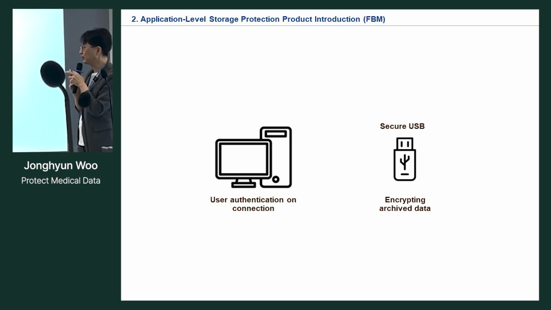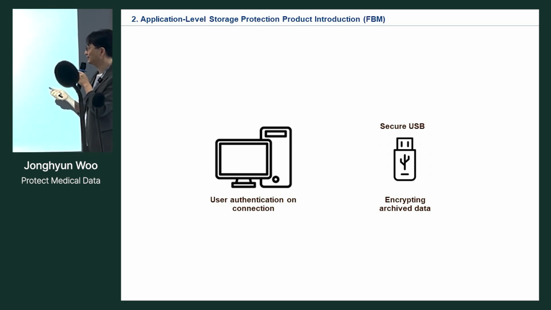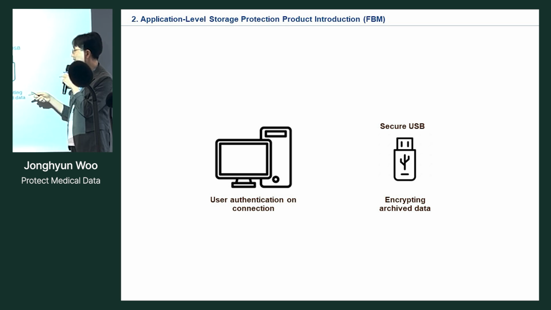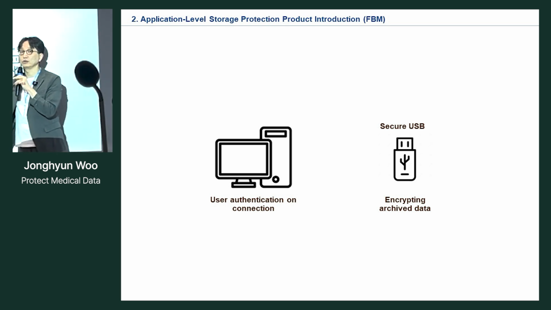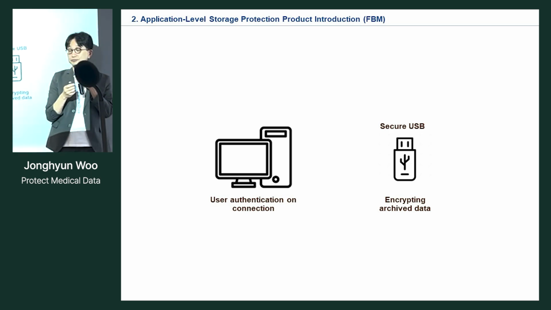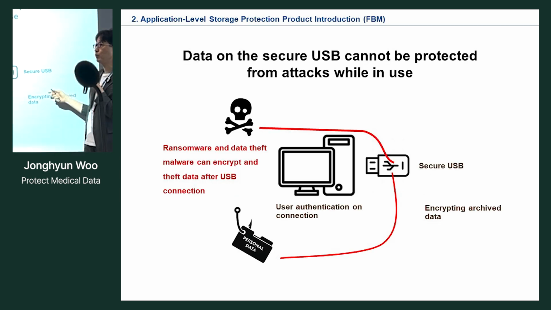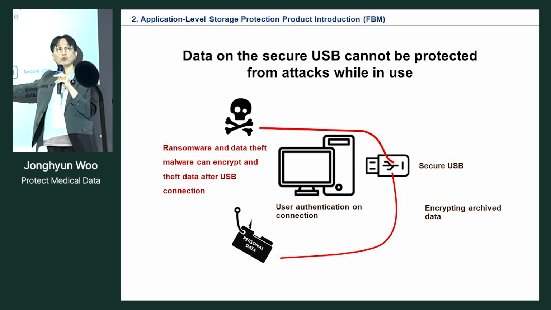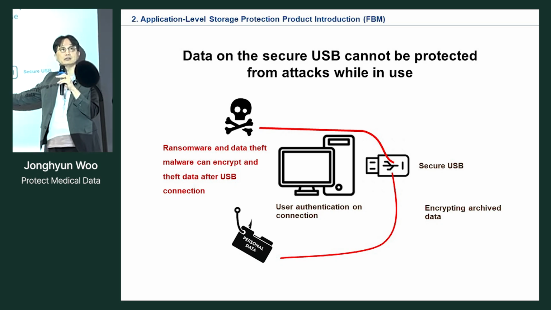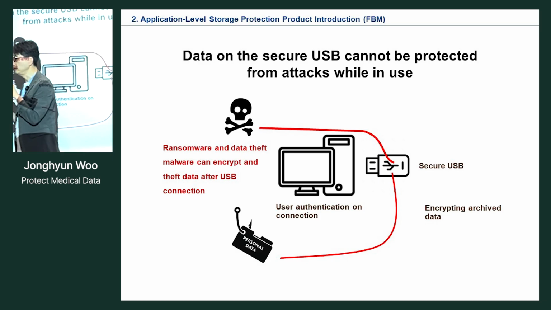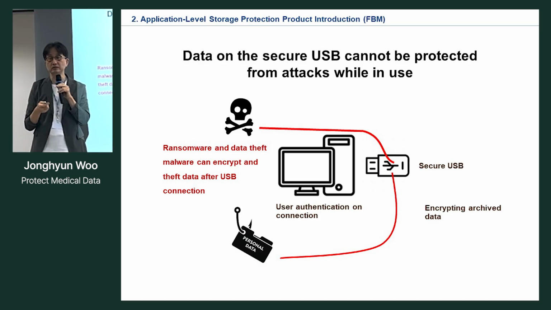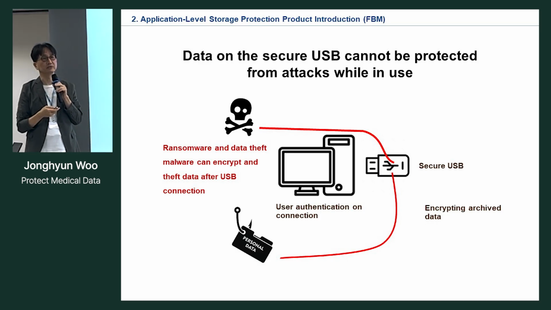So if I answer that question: as we know, when the data is stored in the secure USB, it is encrypted, and when the USB is connected to the PC, it authenticates the user. But the problem is that when the drive is mounted, if any malware runs on your PC, they can take out your data and they can encrypt your data. So secure USB doesn't have any prevention measure at the file system level. It is just a dumb storage, like encrypting after encryption.